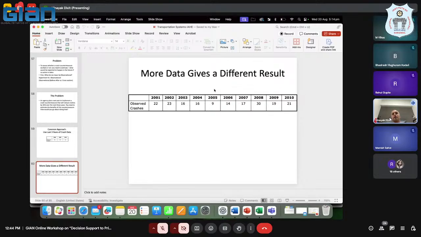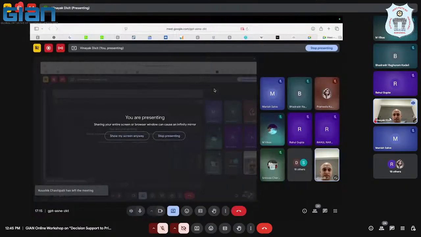Let's say the likelihood of a crash is 10%, and your ADT was 100 before, so you were expecting 10, but now your ADT has increased to 1000, so you'll observe 100. Now you can't blame the countermeasure for that. It has nothing to do with the countermeasure. It has to do with the fact that the ADT has increased. Am I making sense?